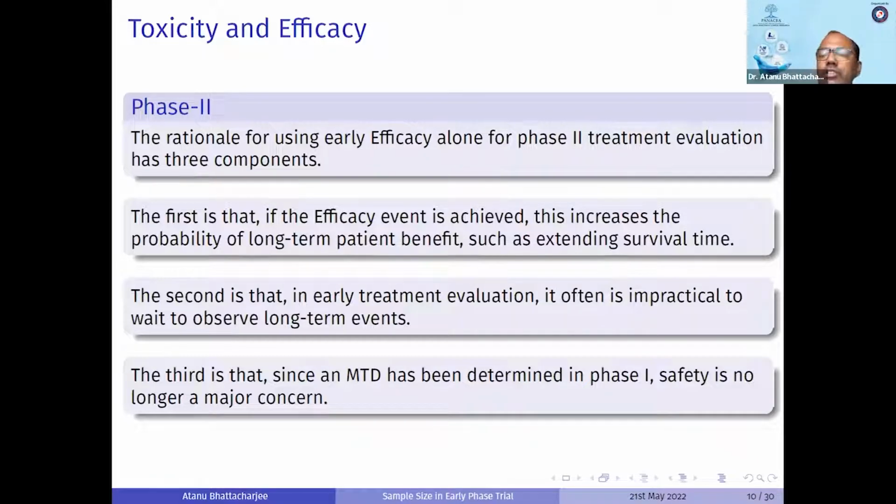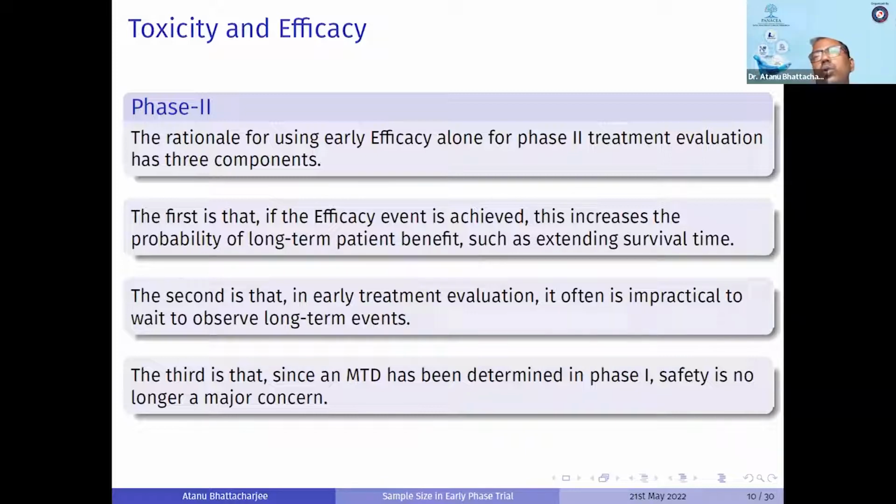Secondly, earlier treatment evaluation is often impractical because it is not feasible to wait to observe long-term events. And thirdly, since the MTD has been determined in phase 1, safety is no longer a major concern. So in phase 2, we are not bothered about toxicity, because we already established that people can tolerate that dose very well.